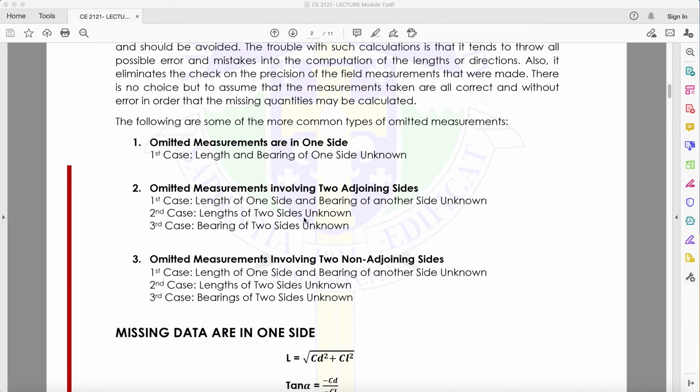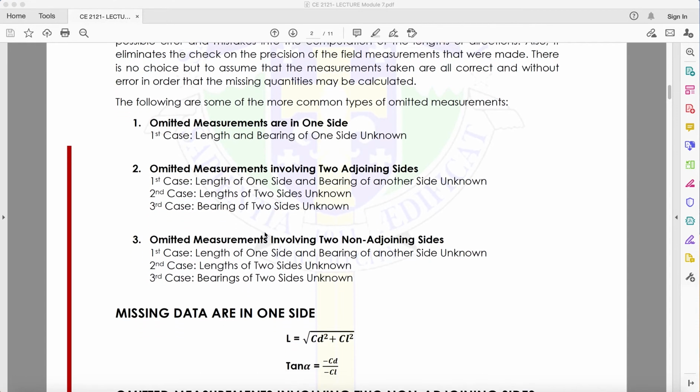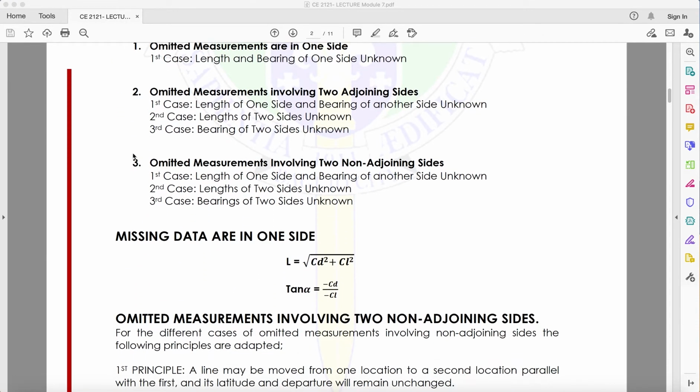I repeat, for case number 1, we know the length of one side and the bearing of the other is what we do not know. Case number 2, we do not know two lengths. Case number 3, we have two bearings that we do not know. Number 3, omitted measurements involving non-adjoining sides, so the two missing lines are not beside each other.